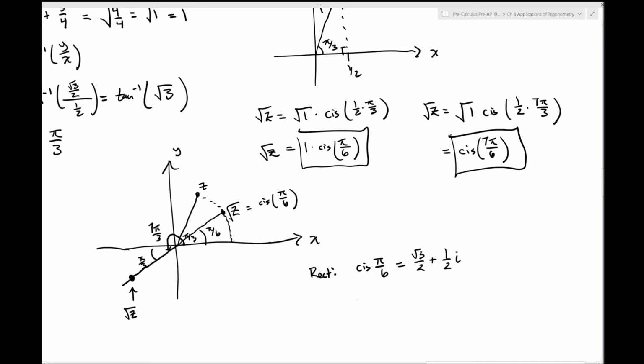What's the other one? CIS 7 pi over 6, and that's in the third quadrant. So in the third quadrant, you would have negative square root of 3 over 2 minus 1/2 I. If you remember, in the third quadrant, the x-coordinates are exactly the same because it's a circle.